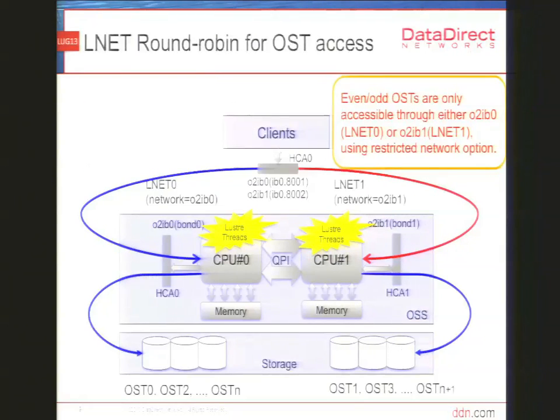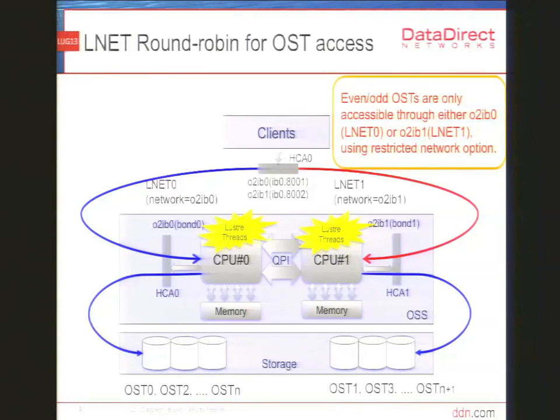This is the OST configuration. We created one single file system consisting of all of the OSTs, but the even-numbered OSTs are only accessible from LNET 0, which is o2ib0, and the odd-numbered OSTs are only accessible from LNET 1.